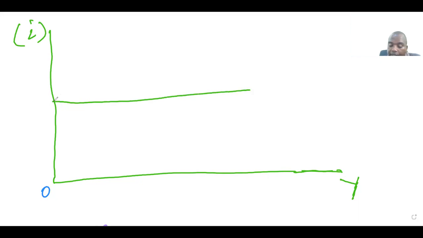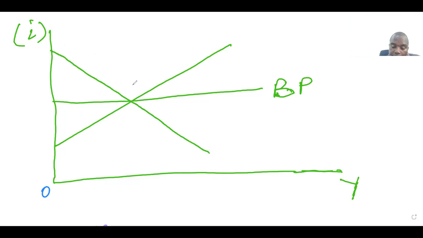So we start with the balance of payments, BP curve, which is still horizontal, and a general macroeconomic equilibrium, which we attain at point E1. And the IS curve, we have IS1 and LM1.